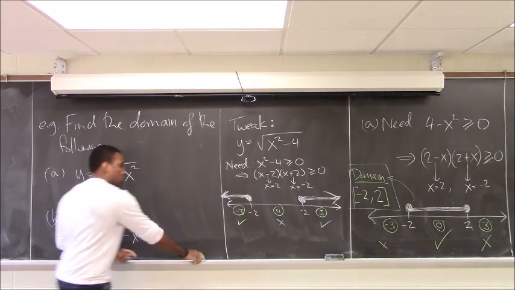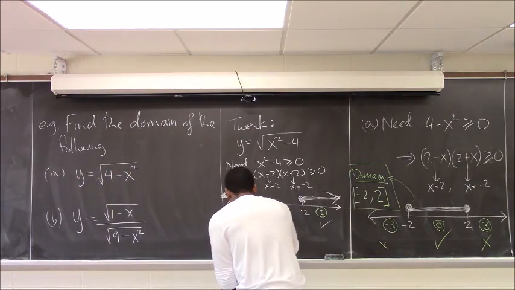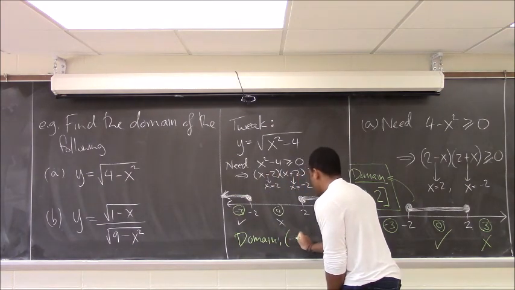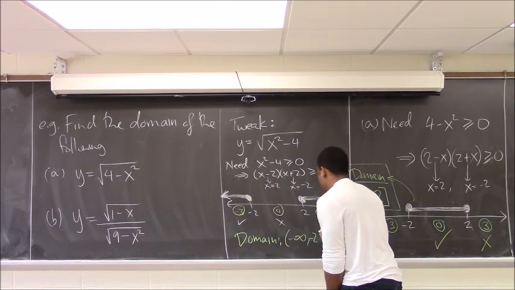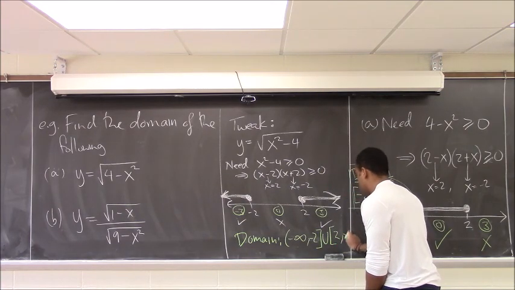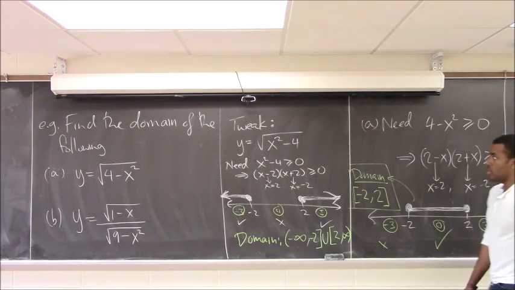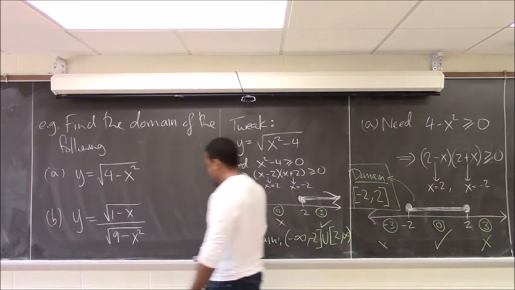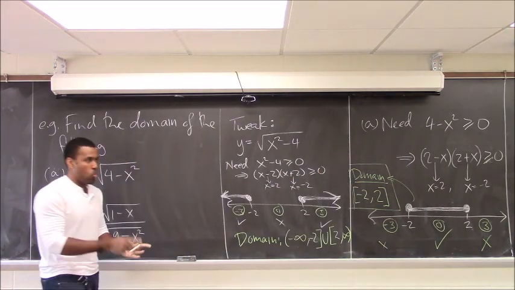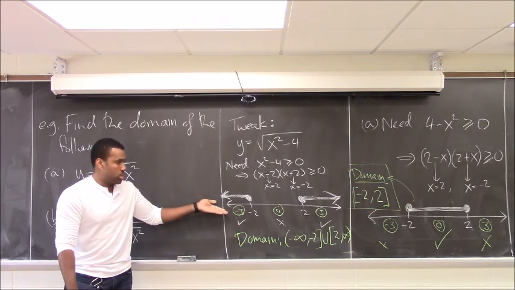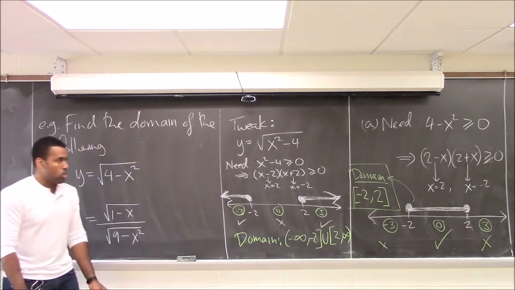And then you would write the domain as minus infinity to minus 2 inclusive, or 2 to infinity. So just by flipping the sign, it can really change what the answer looks like. But at the end of the day, to make sure you know where your answer is, drawing the picture is going to be a nice way to tell you where the answer should be.